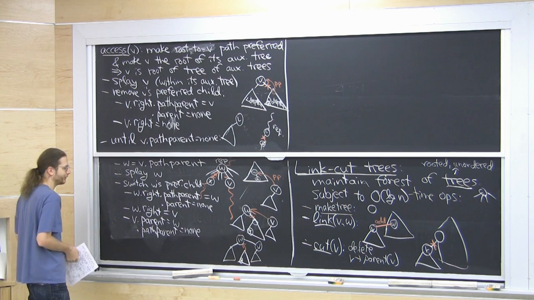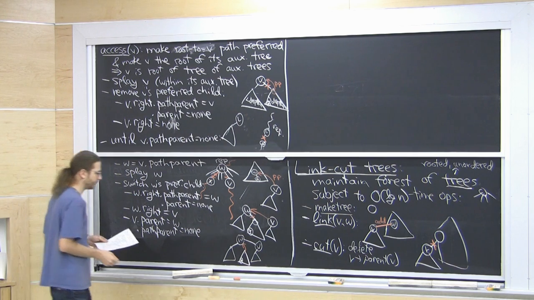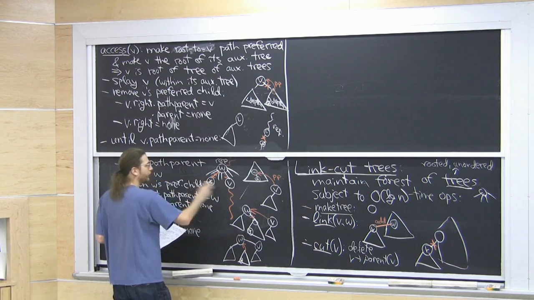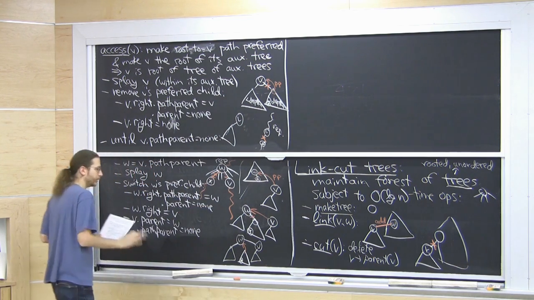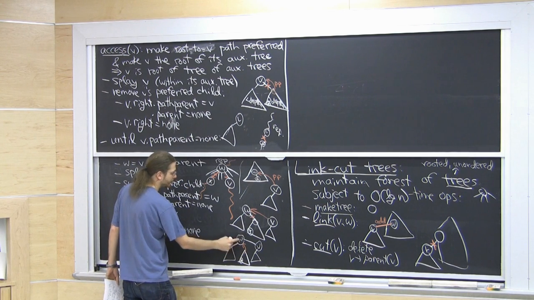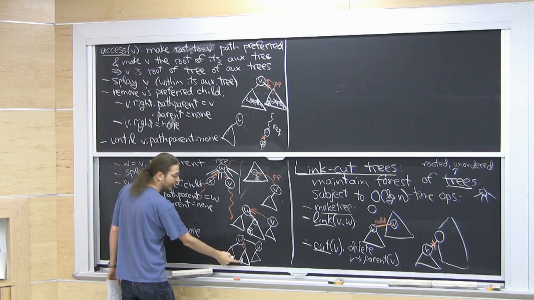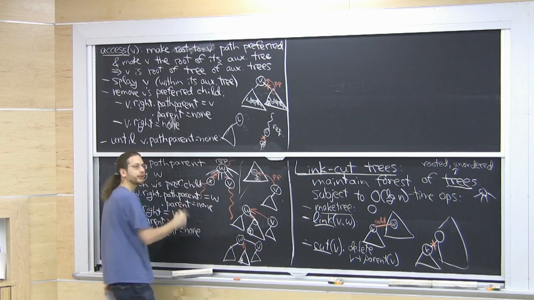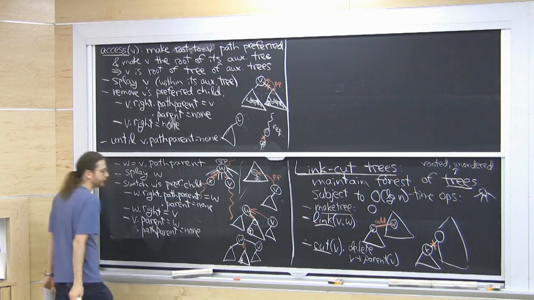You can double check this at home, but that's what we need to do to go back and forth between these two worlds, the represented world and the tree of auxiliary trees world, but doing the right thing. Again, you can check that this path parent is indeed the right thing. It's essentially saying the parent of x equals w, which is indeed the case. The leftmost thing here, its parent is w.